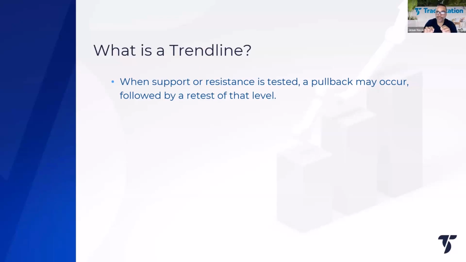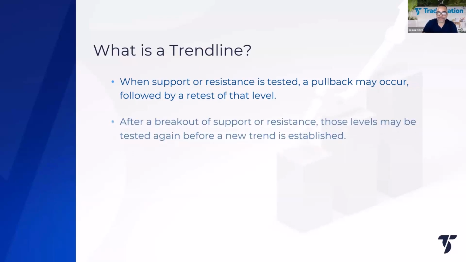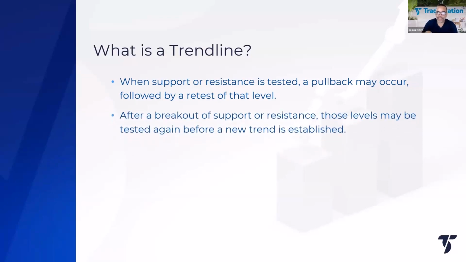It's just a short pullback for it to come back and retest that same level one more time. And if there's a breakout of support or resistance, those levels may be tested again before a new trend is established. So these are different behaviors that you can identify from a trend line and base trading signals on what the prices are doing in relationship to that trend line.